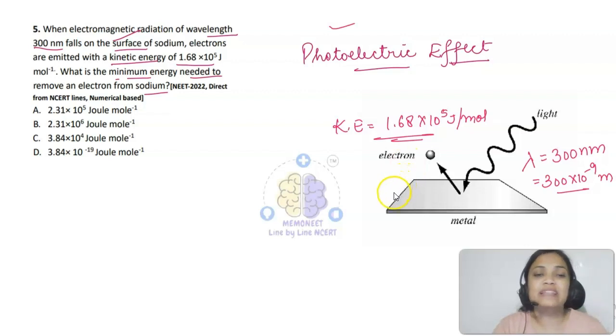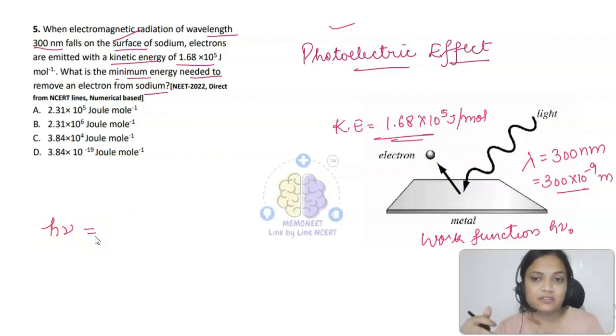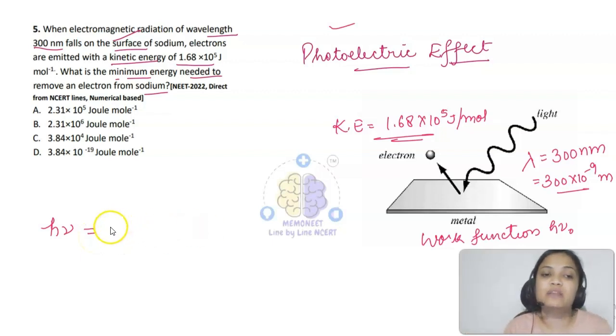And you know that there is a certain minimum energy required to remove the electron, which we call the work function. So that we have to find out. Okay, so the formula here is that if a wave of energy h nu strikes the metal surface, there is a certain minimum energy required, which is h nu naught, and the rest goes to the kinetic energy of the electron.